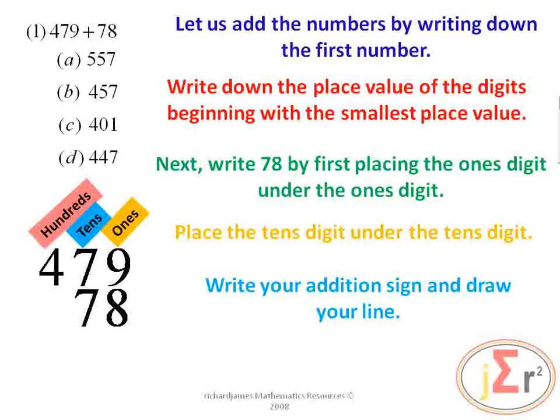So the next thing that we will do, if we are adding, we will write the addition sign, and we will also draw our line. And I realize that these days students are very shorthand. What they will do is use the line that is in the book as the line that should be drawn, instead of actually drawing an additional line showing that we need to add the numbers and also including the addition sign.